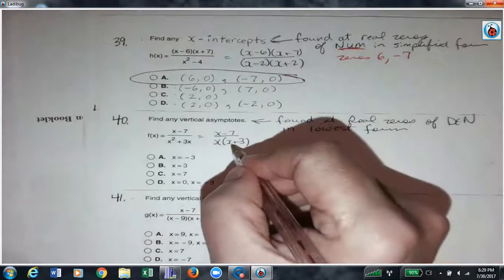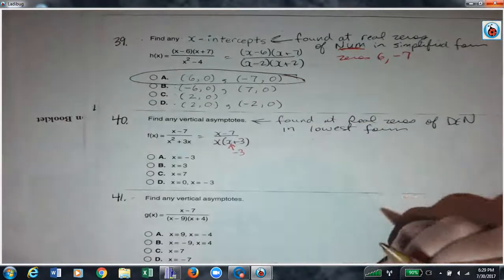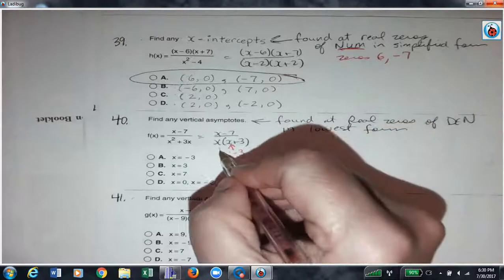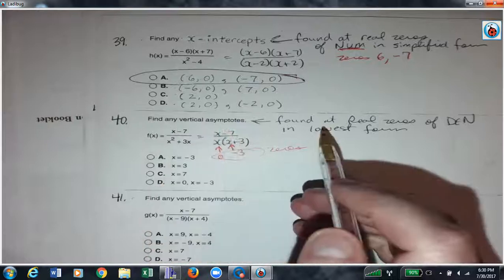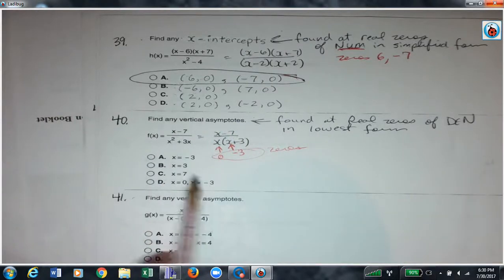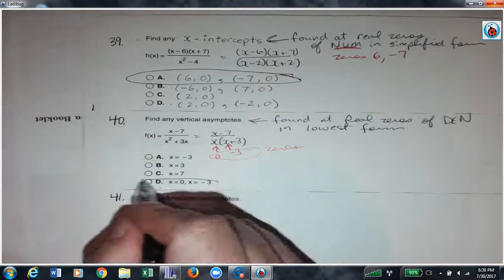What are the zeros of the denominator? Well, if x is negative 3, that'll make the whole thing 0, but also if x is 0. These are my zeros of the denominator. So I have two vertical asymptotes, x equals 0 and x equals negative 3.